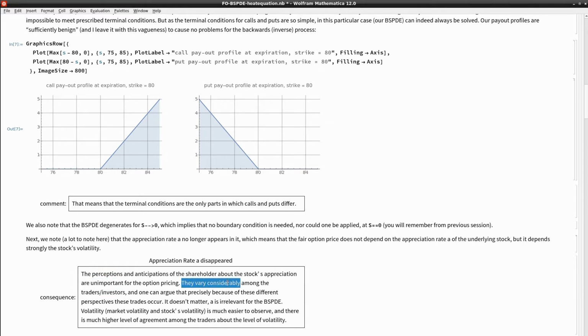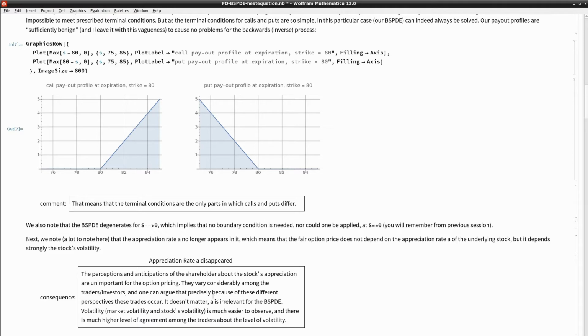They vary considerably among the traders and investors, and one can argue that precisely because of these different perspectives, we even have trades, right? If I didn't think that the stock would go up, why would I buy it? Put it on the bank. If I didn't think that a stock would lose in the future, why would I sell? Keep it. It keeps the value for later.